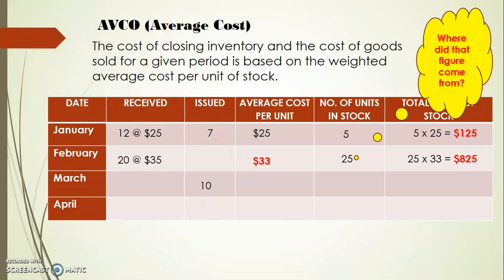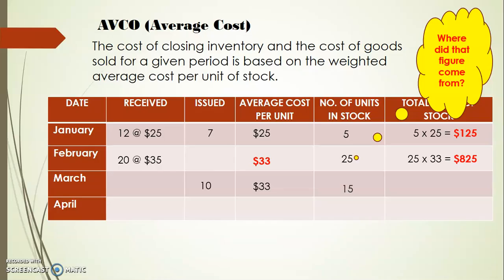In March, 10 reams of paper were issued. The average cost per unit remains the same because there were no receipts. Therefore, we do not need to work out an additional or different average cost.